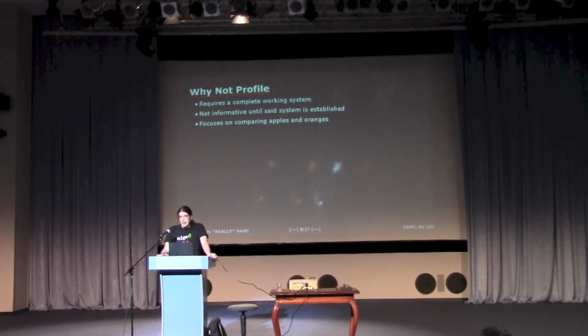Of course, this doesn't really work on a proof of concept because, well, you have nothing to compare to at first. And also, profilers compare, pretty much that's their definition, they compare apples and oranges. They take your entire program and they run every single piece of it once, and then they show you which one supposedly ran the slowest. And you make your decisions about what to optimize from there on.